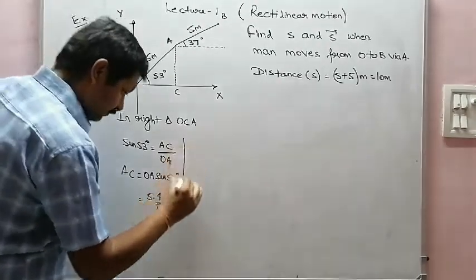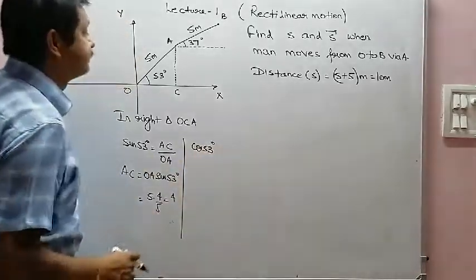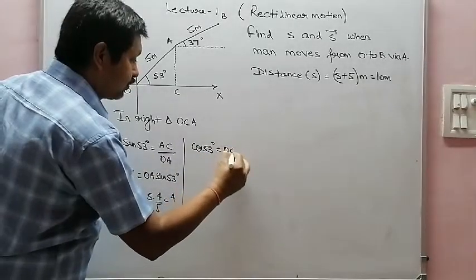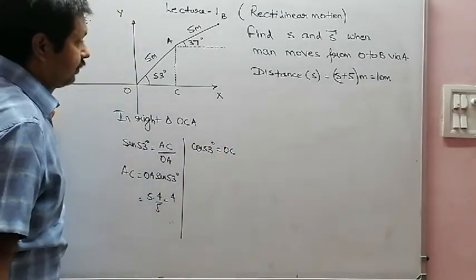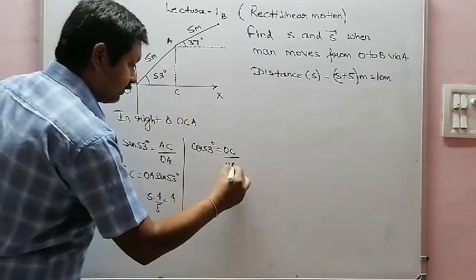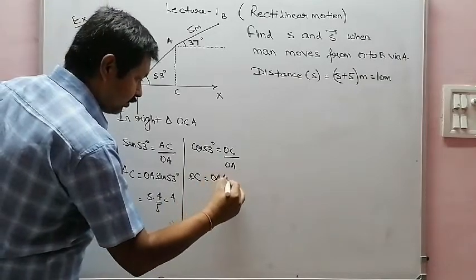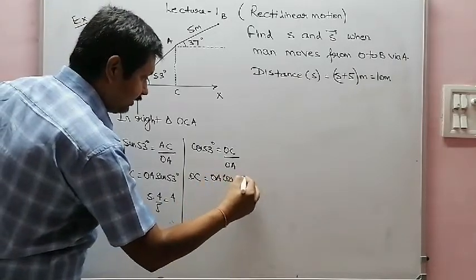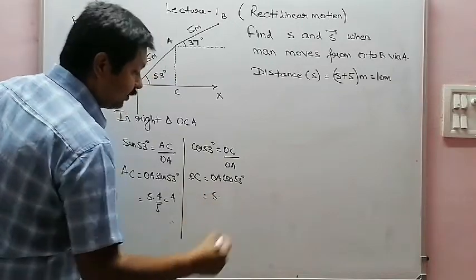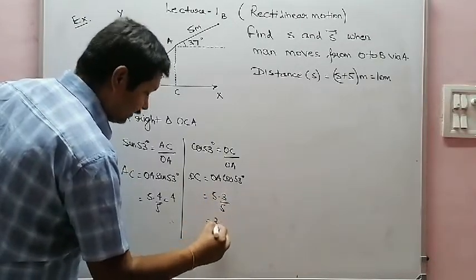Similarly, cos 53 degree is OC by OA. So OC is equal to OA cos 53 degree, that is 5 into 3 by 5, that is 3.